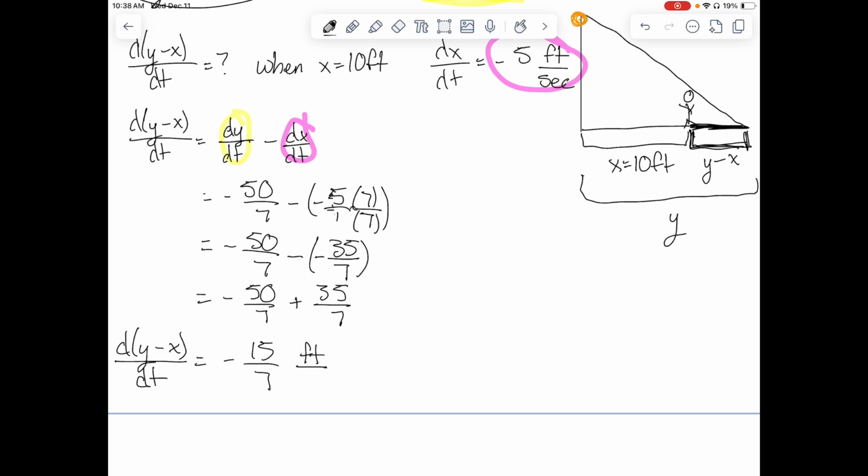And then the denominator is dt, which measures time. And in this problem, time is measured in seconds. So our final answer for part B is simply going to be negative 15 over 7 feet per second. All right, and that is how you solve a shadow length story problem.